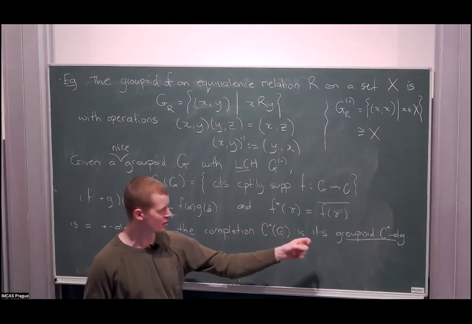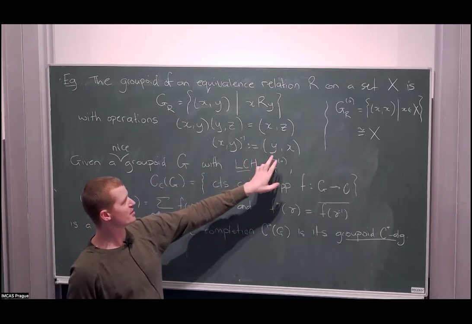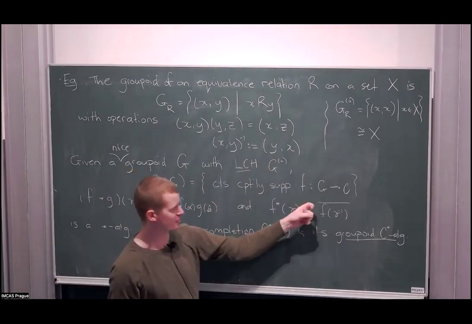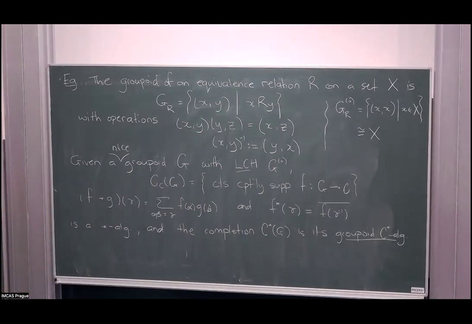The involution too, the gamma inverse I've got here, it's an equivalence relation groupoid, so I'm just swapping the order of the terms. So I'm swapping my rows and my columns, and then I'm taking complex conjugate. So that operation is my conjugate transpose of a matrix. So this might be one reason why we say that groupoids can coordinatize a C-star algebra in the same way that a matrix algebra is coordinatized by row and column indices.